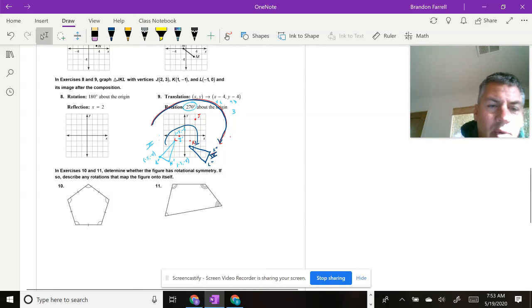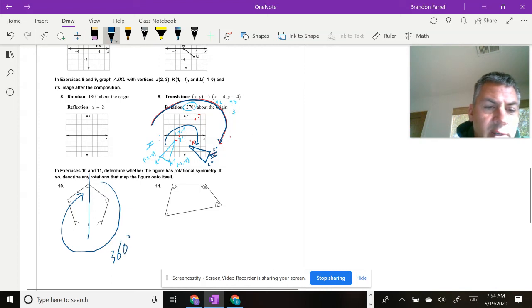And then we talk about rotational symmetry. Determine if the figure has rotational symmetry. If so, describe any rotations that map itself. So basically, if this is a symmetrical figure and I can draw a line through that and I can rotate it around, if I rotate it 360 degrees, right?